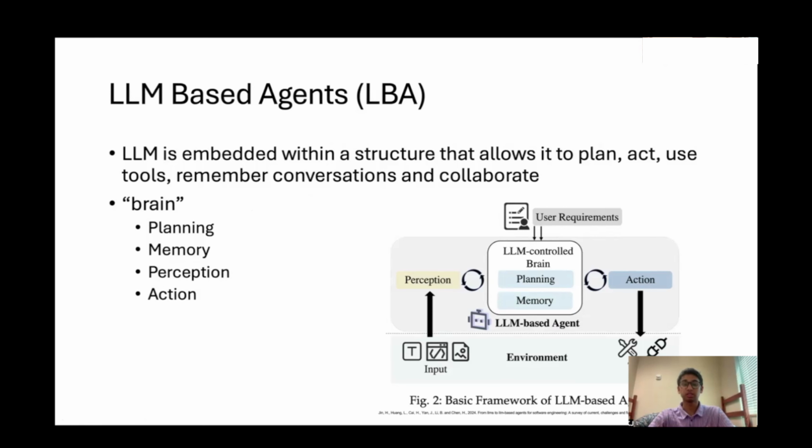That would be an agent because the LLM acts as a brain, but it has all these other abilities like planning, memory, perception, and action. And the action is the most important step in this entire thing, where you have a toolkit. You have a bunch of tools you can use, such as API calls, or you can connect it to a database like a RAG, etc.